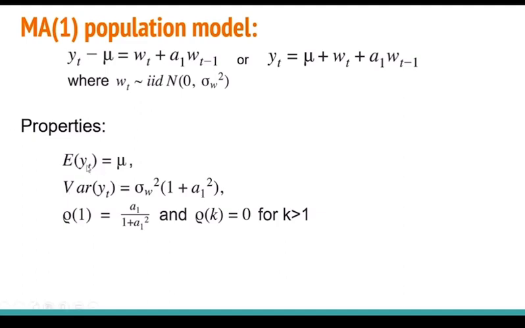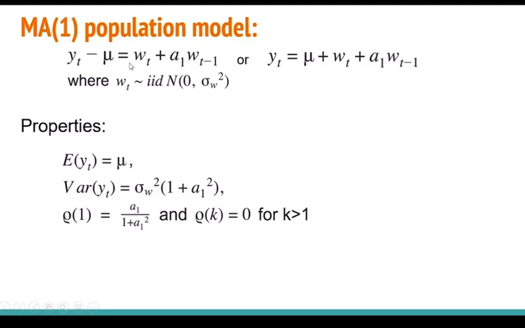So take a look at what I have here. The expected value of yt: the expected value of this is going to be 0, and this is going to be 0. Then the expected value of yt is just going to be equal to mu. I think you know that. Then the variance of yt is this. This is the formula.